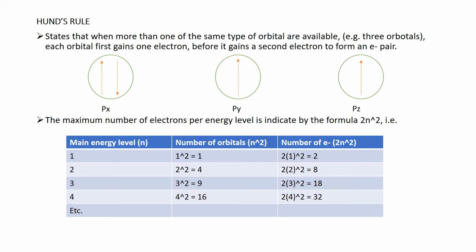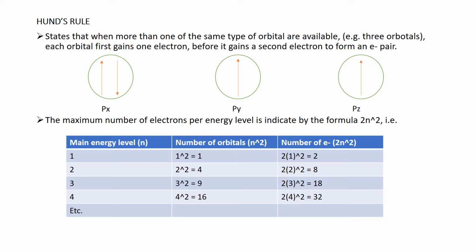The maximum number of electrons per energy level is indicated by the formula 2n to the exponent 2. This is what I'm talking about in this table below. We have the main energy levels n, number of orbitals, n to the exponent 2, and number of electrons indicated by 2n to the exponent 2.